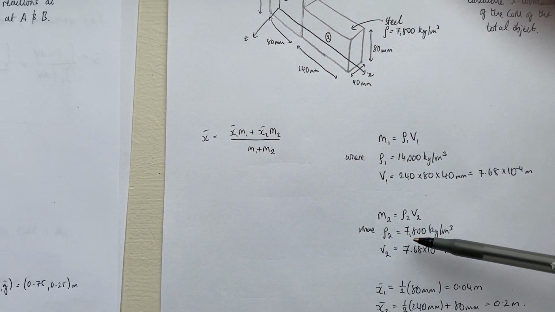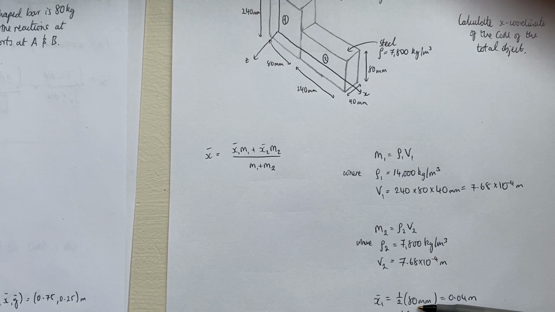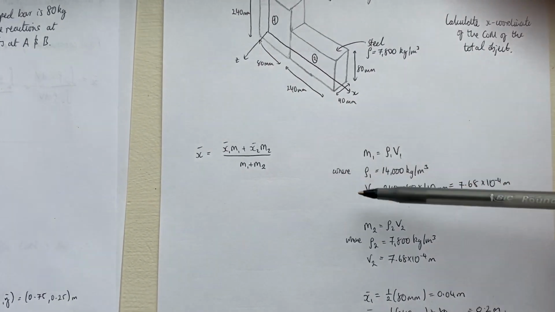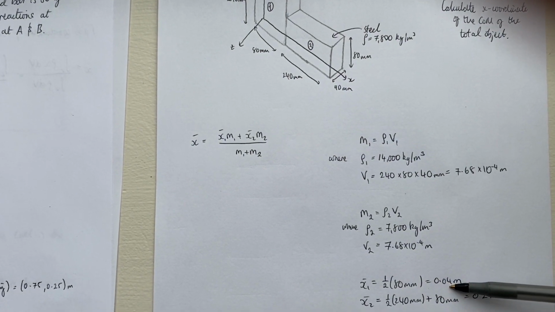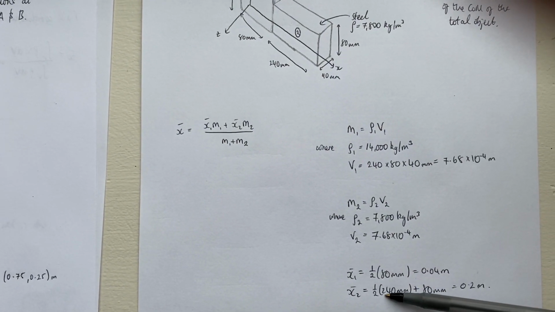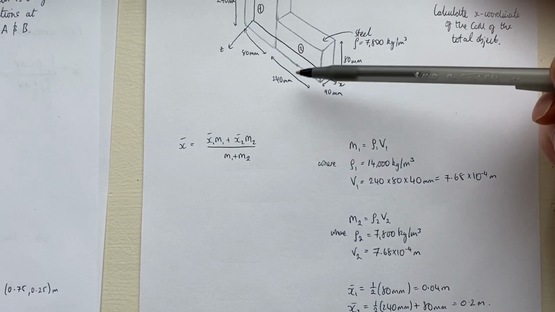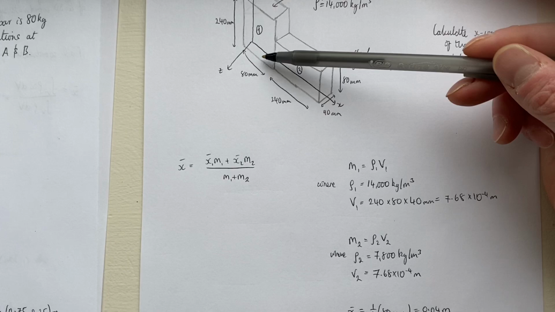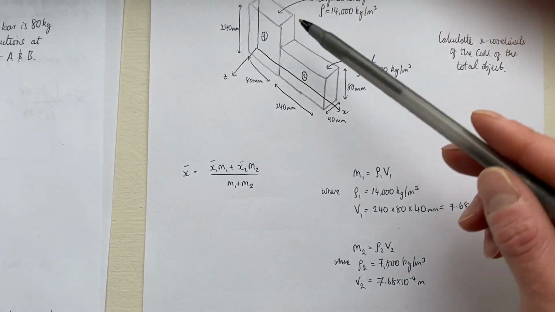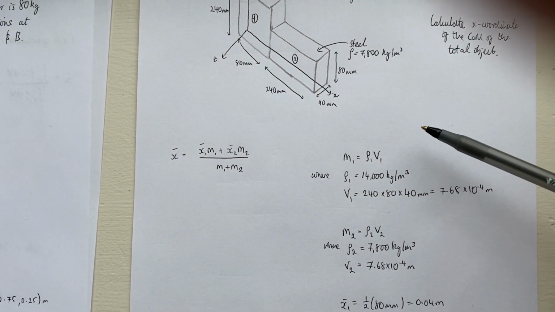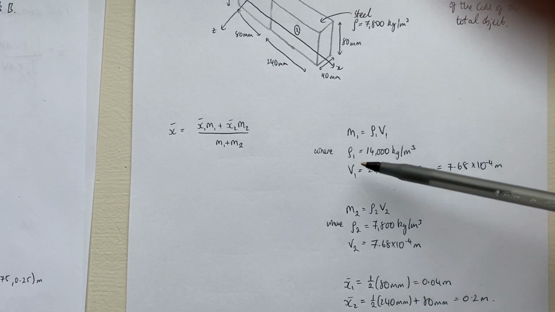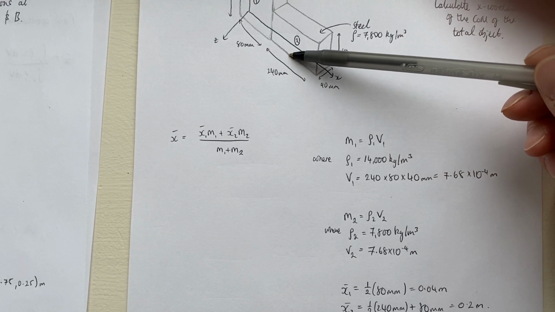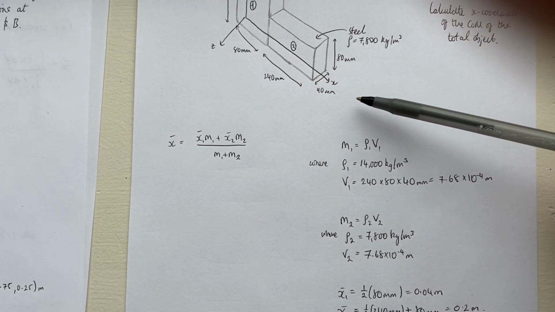So the x-coordinate of the center of mass of the first piece is half of 80 mil, which is 0.04 meters. And the x-coordinate of the center of mass of the second piece is halfway along here, but I've got to remember to add 80 mil to it because I've shifted it across the x-axis. So I do half of 240 plus 80, to get the position here halfway along the second piece.